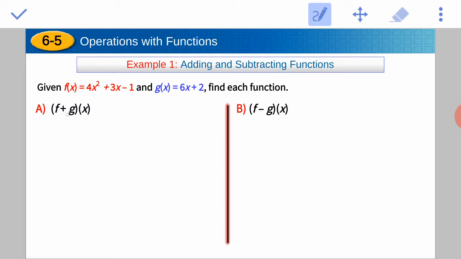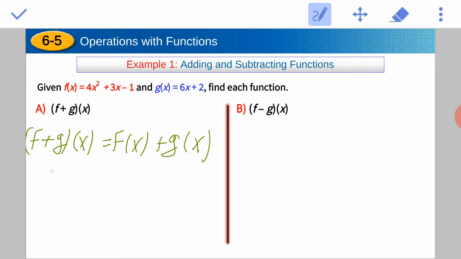How do I operate the addition of two functions? Simply, we start with the rule: f plus g of x is simply f of x plus g of x.